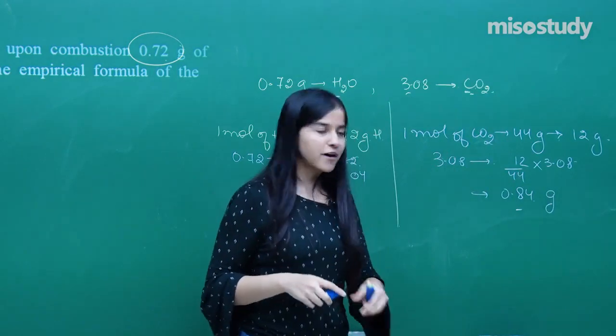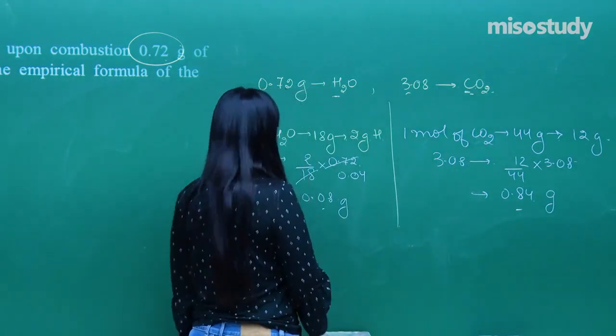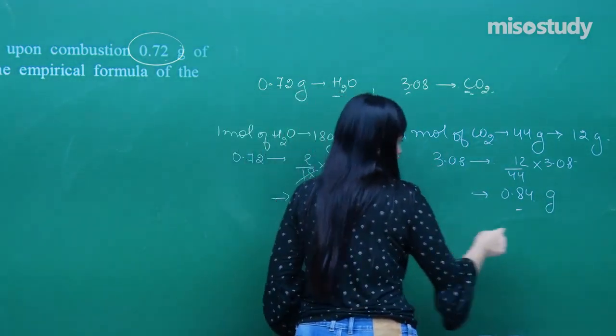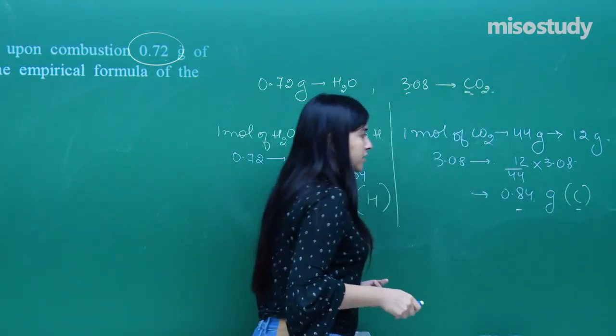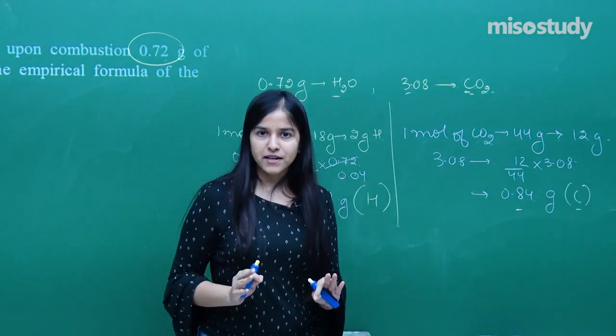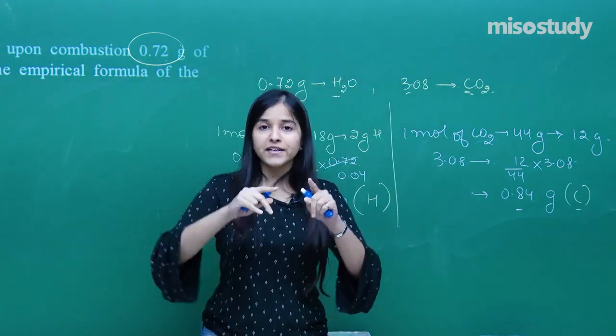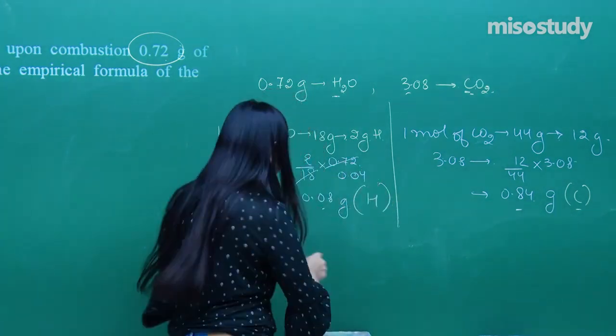So once we have found the grams of both of them, this is for the hydrogen, this is for the carbon. So I need to find the ratio of the two, that is the carbon to hydrogen ratio.